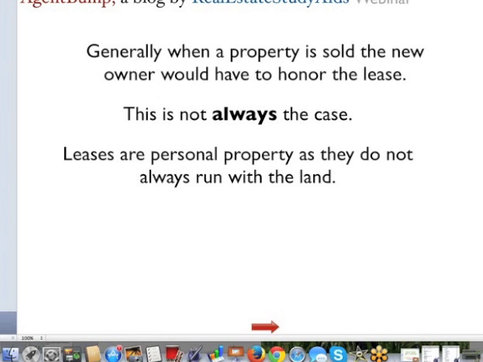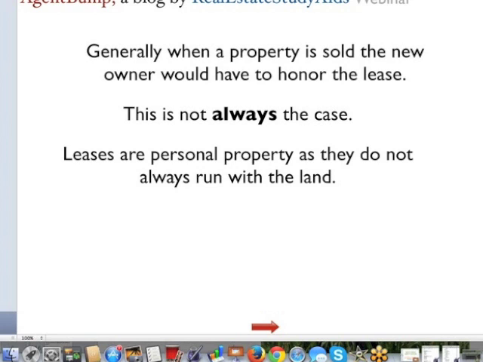Because it doesn't run with the land. Good. So what I'm getting at is it's easy to remember personal property is movable. But that may trip you up sometimes because, as I said, if something's not tangible, it's not necessarily movable. The better way to remember this is personal property goes with the person. They don't always go with the land. Leases are personal property as they do not always run with the land.